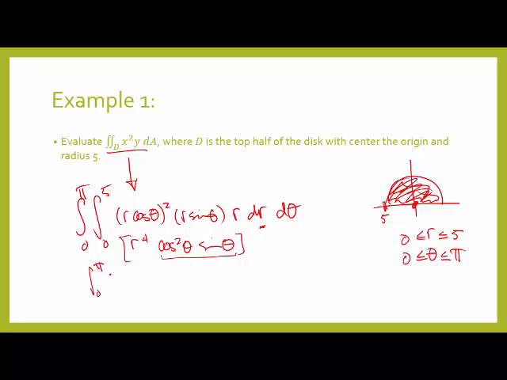But the outer integral takes in your inner integral, and then you're taking the theta outside of your inner integral. And your inner integral is 0 to 5. After you take that out, all you have is r to the 4th left over. So you see what I did here?